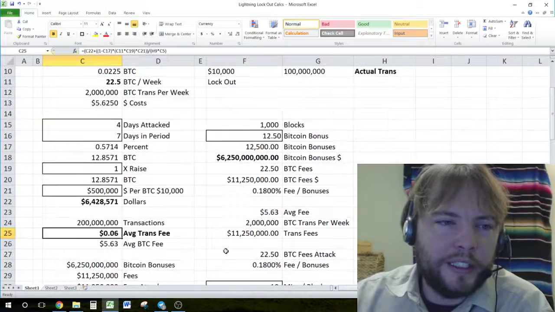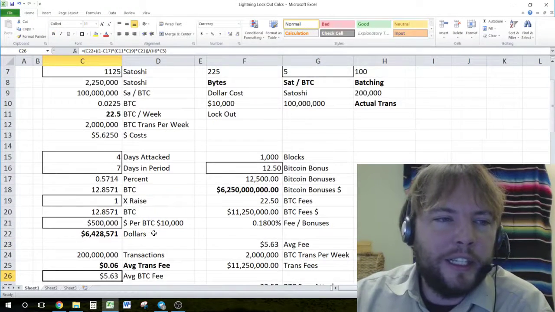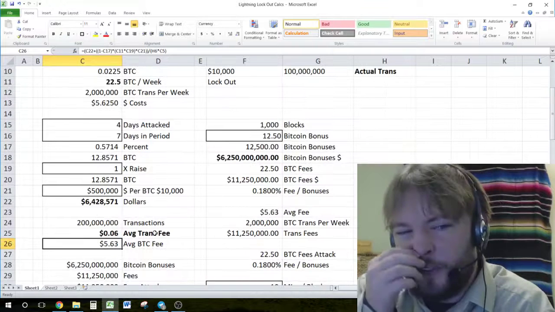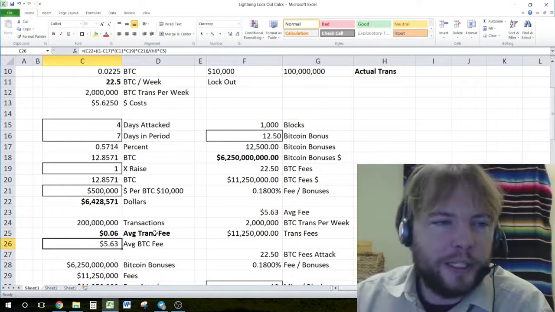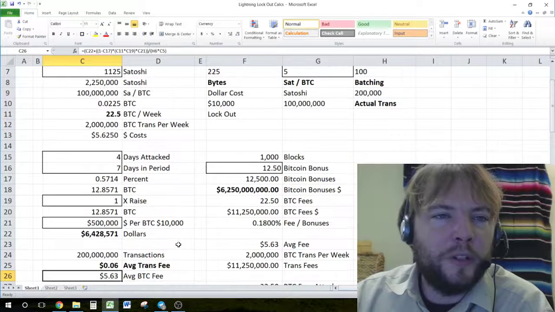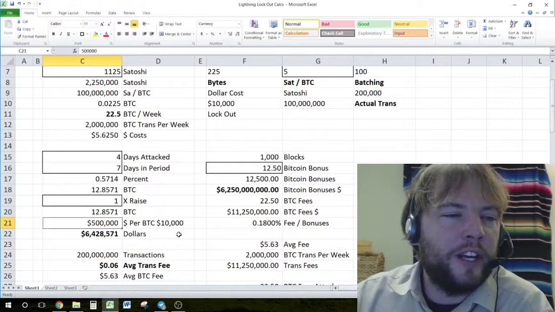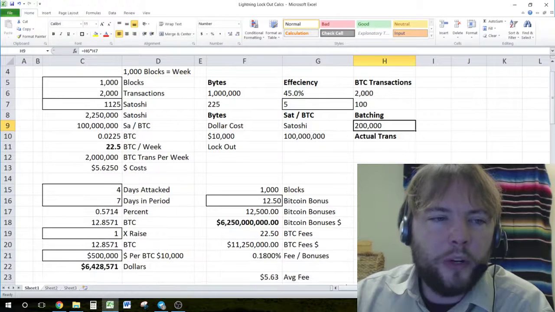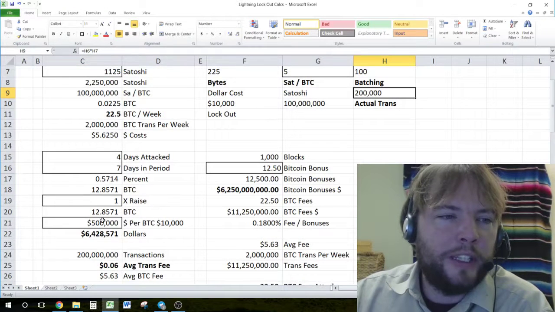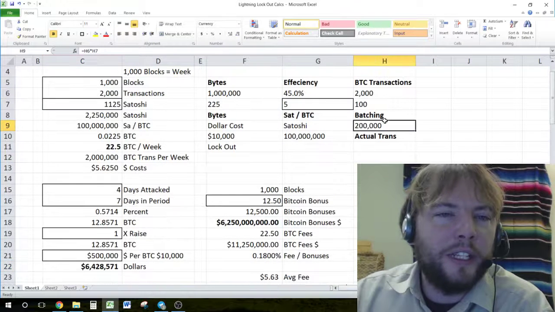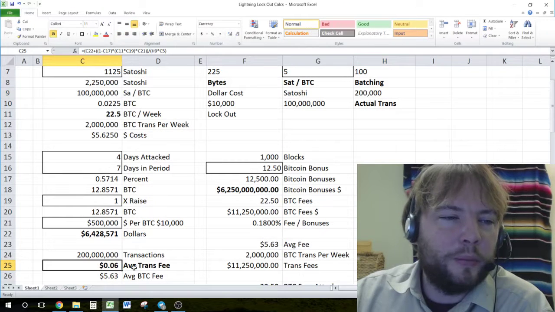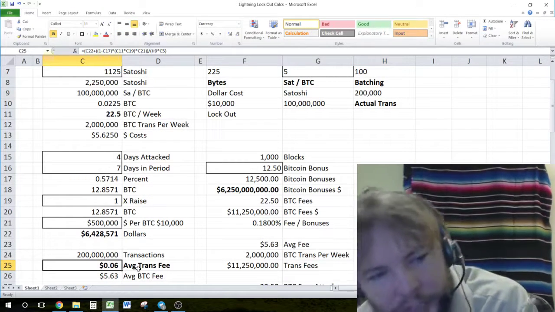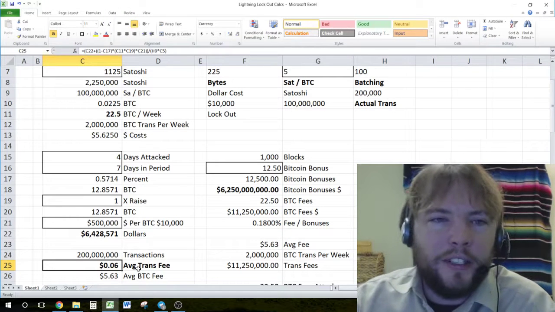So here you can see how in this scenario we have a transaction fee of roughly $6 to send money over the Bitcoin network with Bitcoin having a value of $500,000. However, to arrive at this $500,000 number, I think you'll have to have the actual transactions increase to such a point that the average transaction fee is still 6 cents or 11 cents.